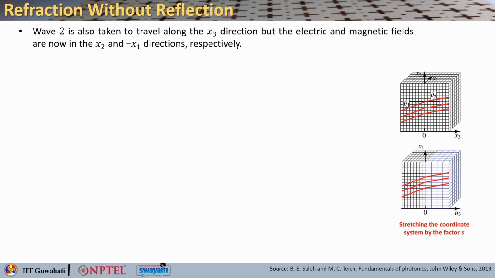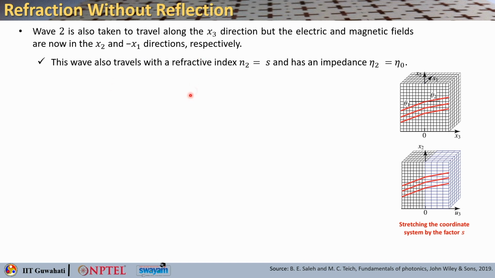Next, we consider wave 2, which is again taken along the x3 direction, but this time the electric and magnetic fields are in the x2 and minus x1 directions respectively. In this case also, if you do a similar analysis, you will see that the wave travels with a refractive index n2 equal to S, and it has an impedance eta 2 which is the same as eta naught.